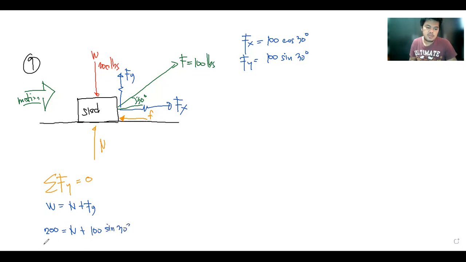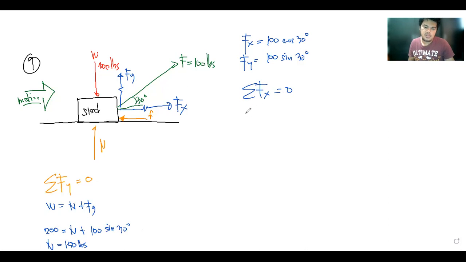Calculating for N, it gives us 200 minus 100 sine of 30, that makes it 150 pounds.